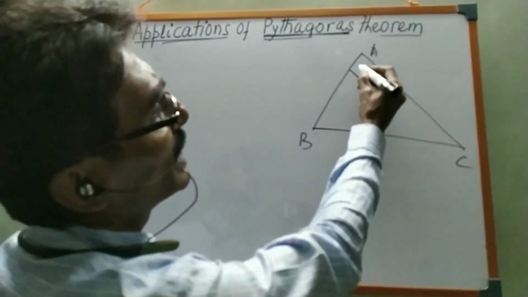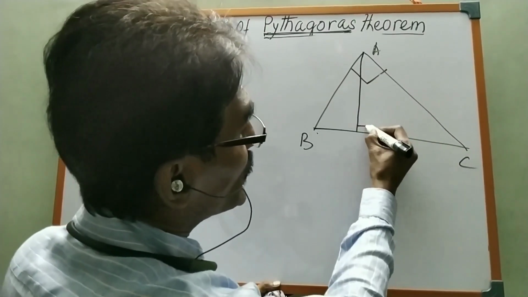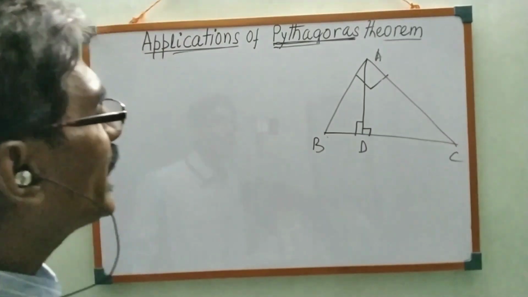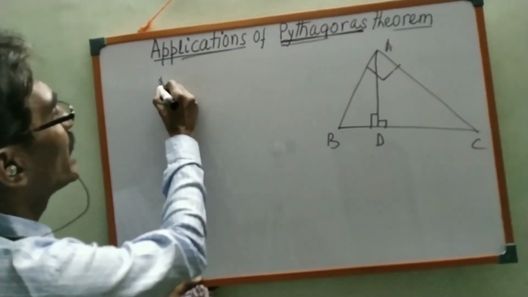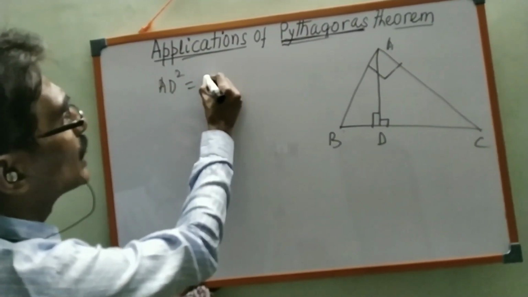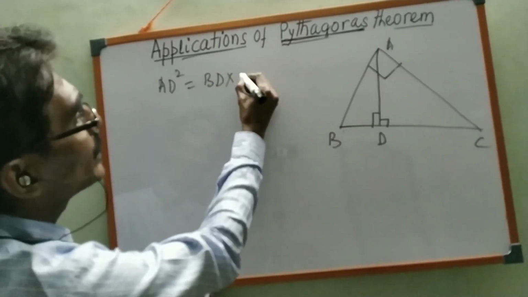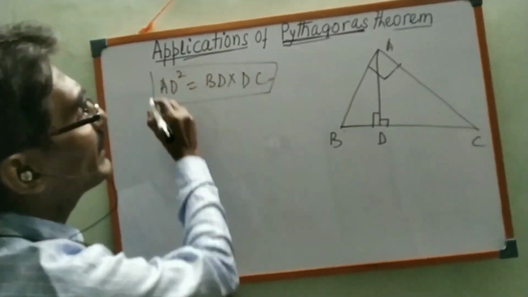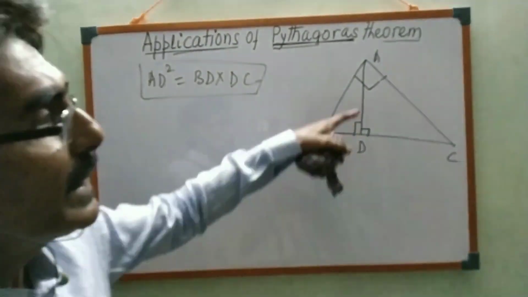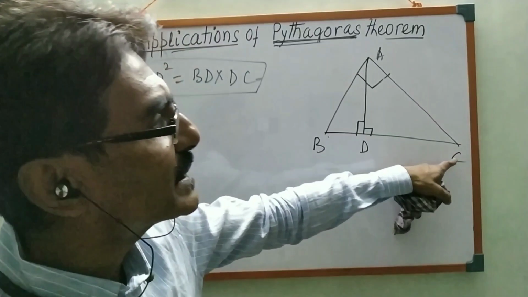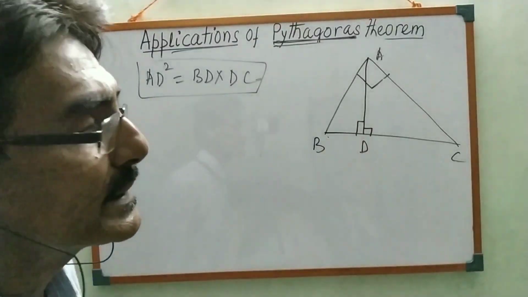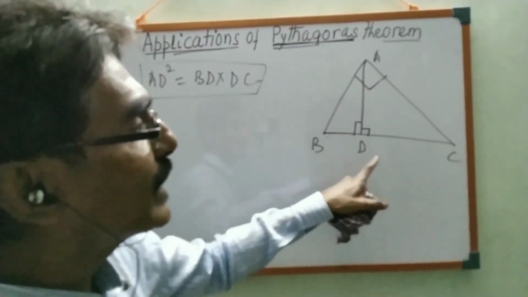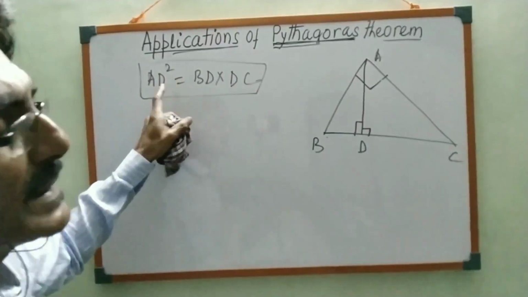AD is the altitude. This is 90. What we have to prove is AD square equal to BD into DC. In right angle triangle ABC, angle A is 90 degrees, AD is perpendicular to BC, prove this.